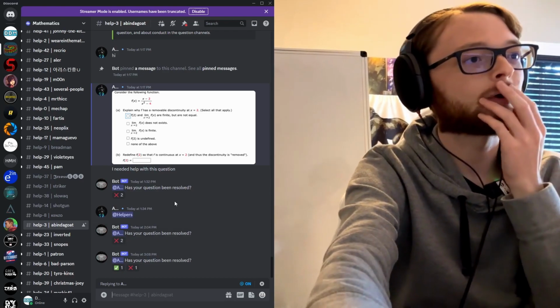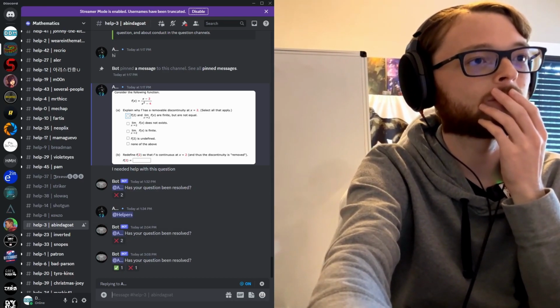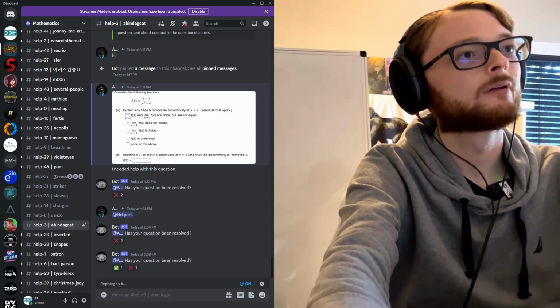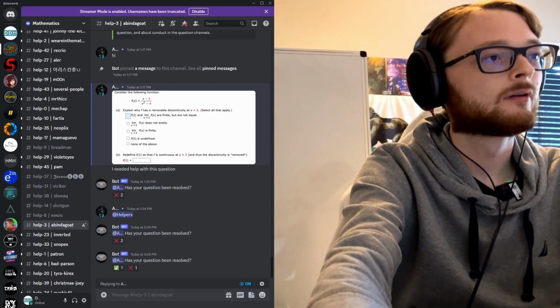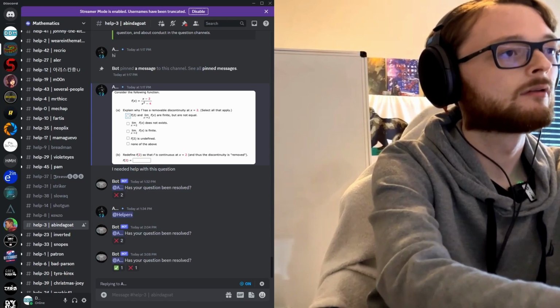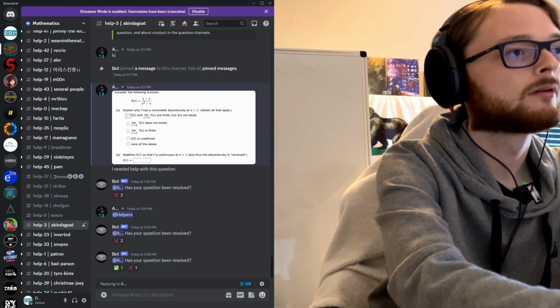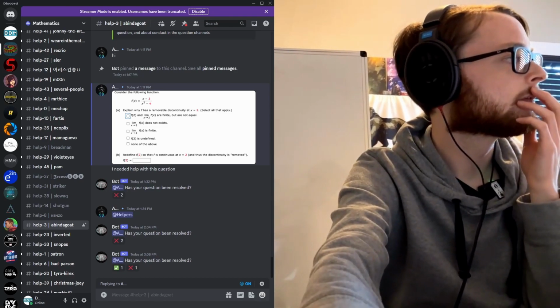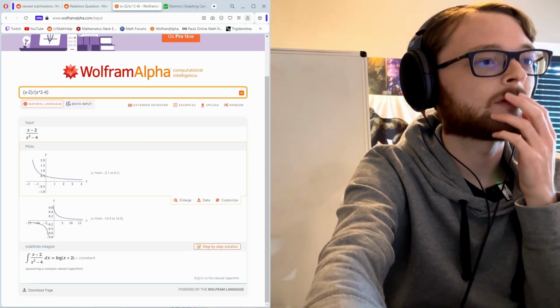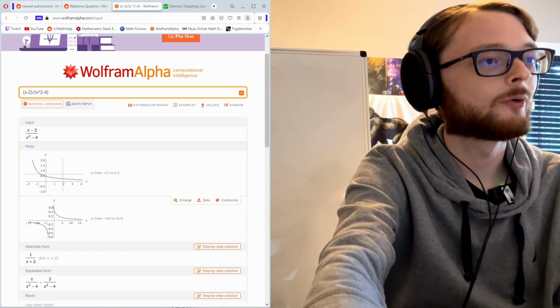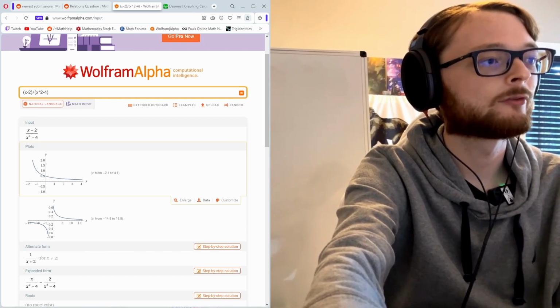I do actually want to graph this quickly, just to make sure I'm not going crazy. x minus 2 over x squared minus 4. To make sure that I'm saying the right thing about, okay, so at x equals 2, there should be a hole there, but Wolfram Alpha doesn't really show it.